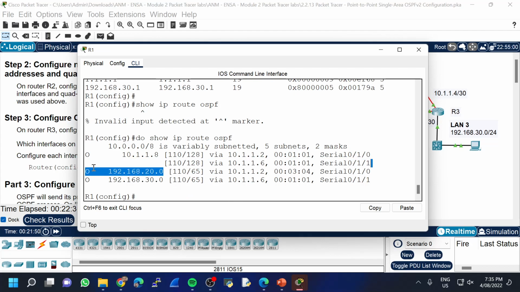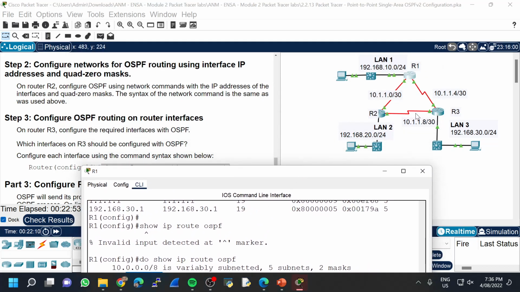I'm receiving the first one and the second one. So they're both here. And 10.1.1.8, I'm receiving from both routers because both of these routers know about this network.